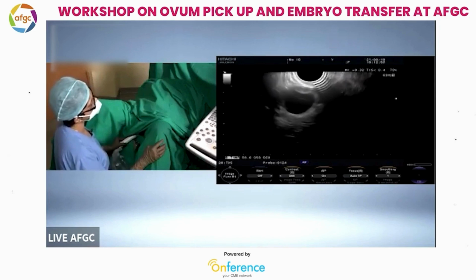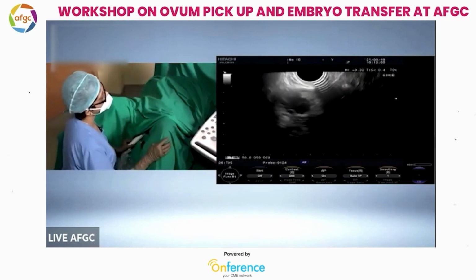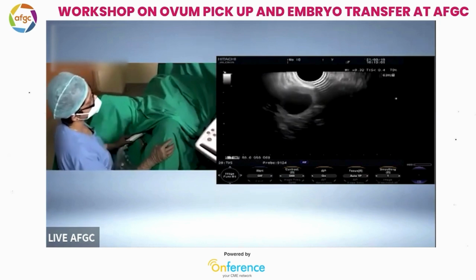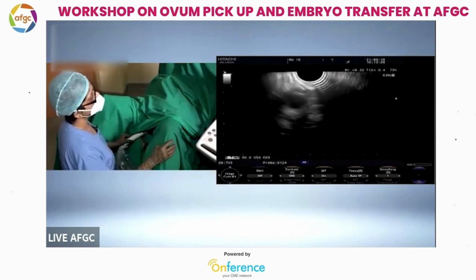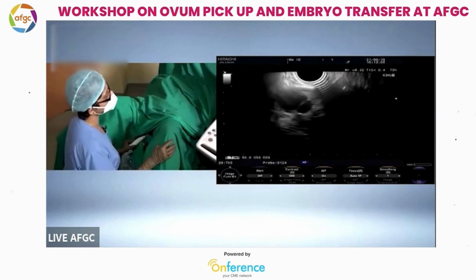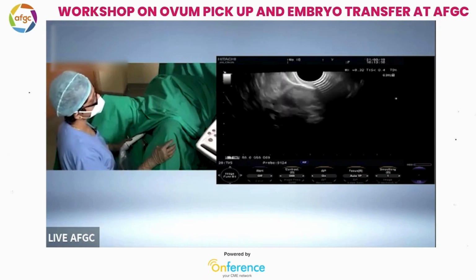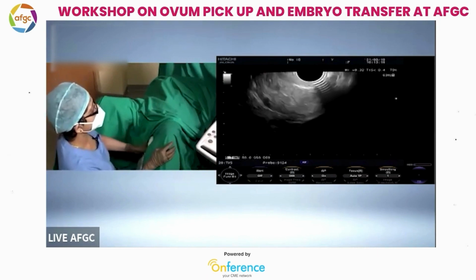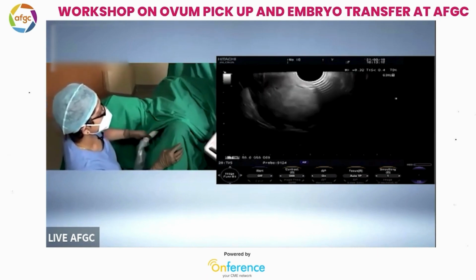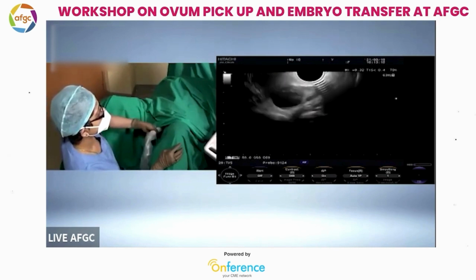We are seeing a clear cyst and another cyst. Now how we differentiate a cyst from a follicle is something we will discuss. This is the left ovary. And that is the right.